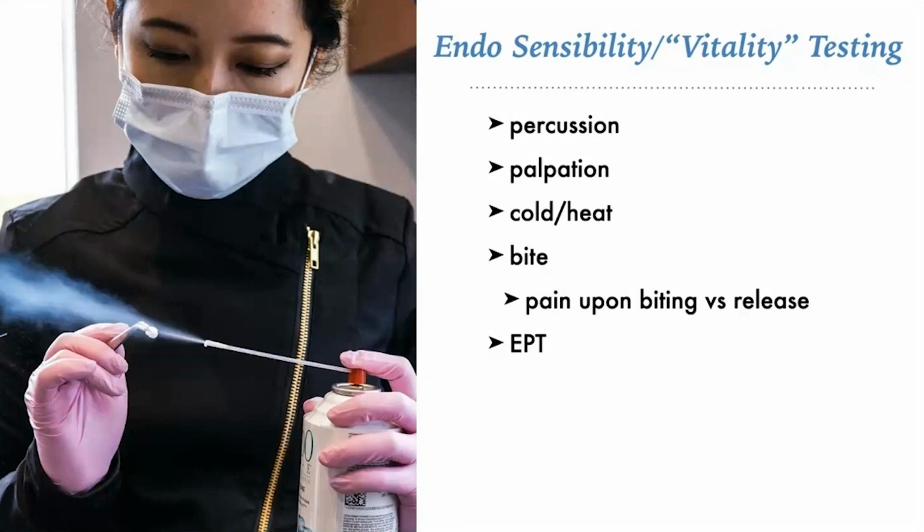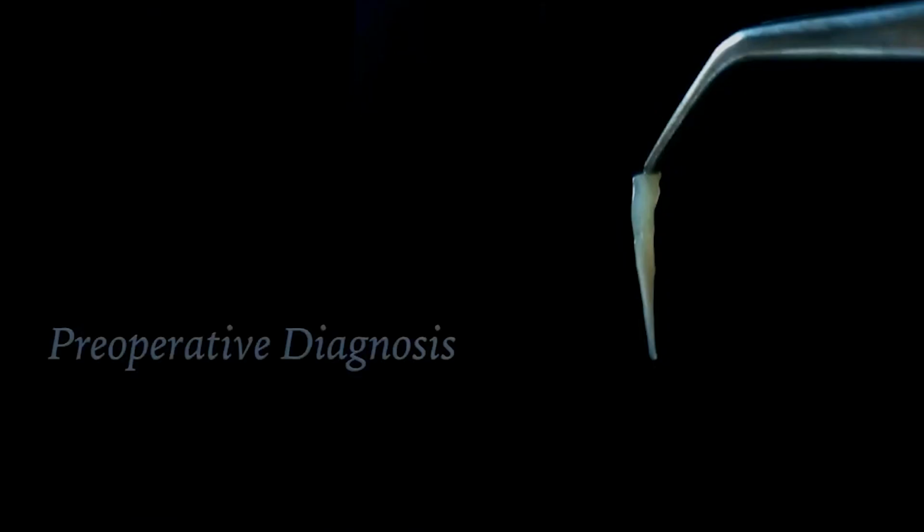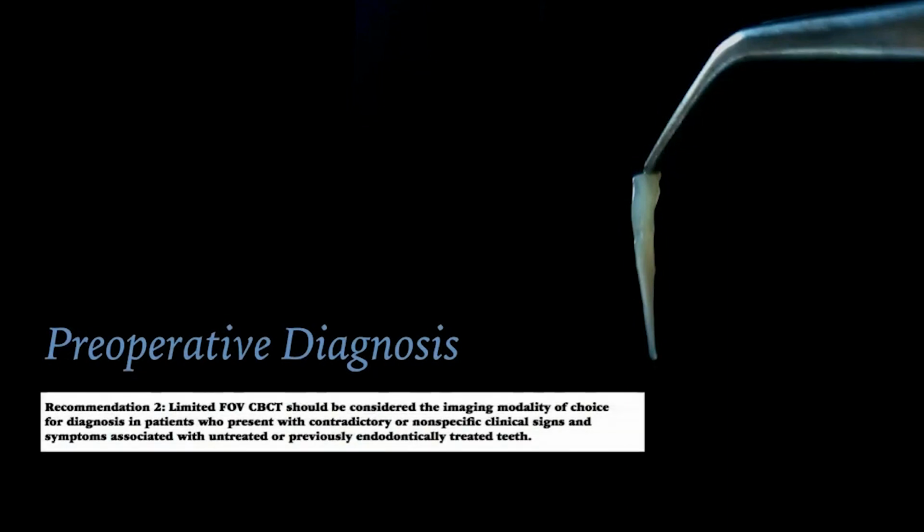So doing the full slew of diagnostic tests, including percussion, palpation, cold, bite, and so on, that way we can make a better preoperative diagnosis. Because one of the key features of using a CBCT is that we want to take a CBCT when the diagnosis might not match what we may be seeing on a 2D radiograph.